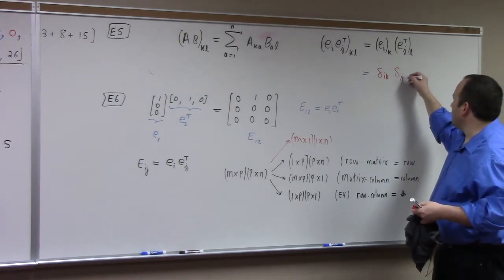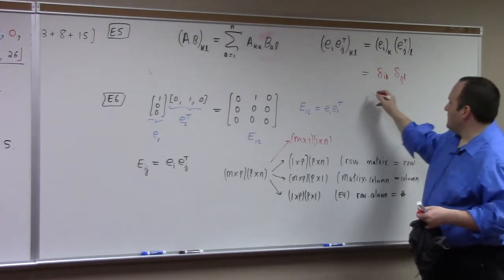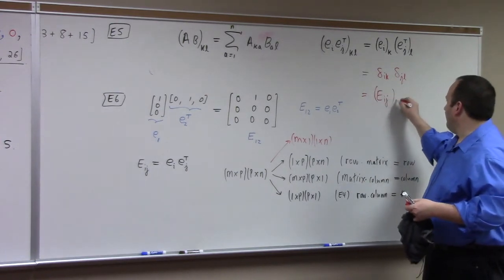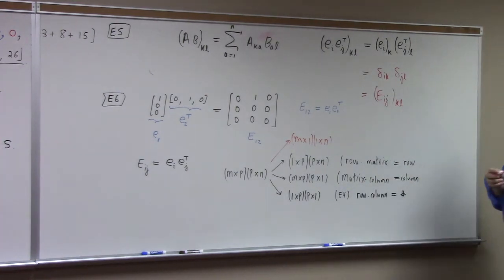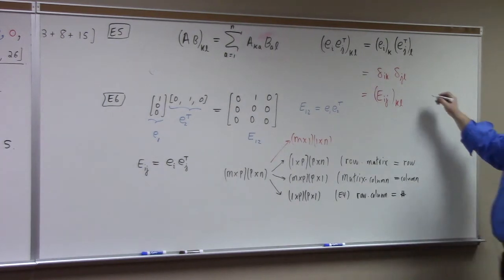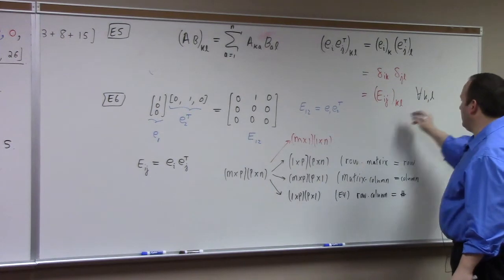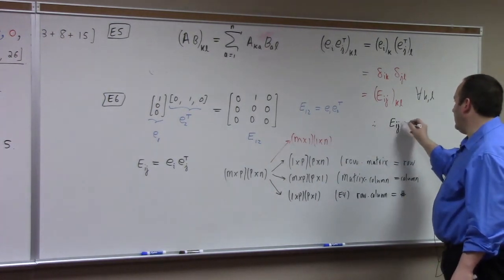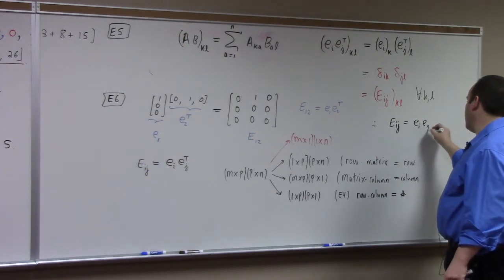So that's Kronecker delta jl, just the same. And this, of course, is nothing more than the klth component of E_ij. So you've shown it for arbitrary kl. Therefore, E_ij is equal to e_i times e_j transpose.